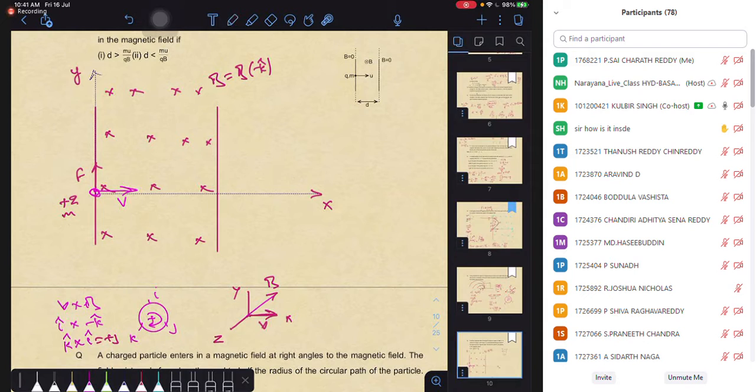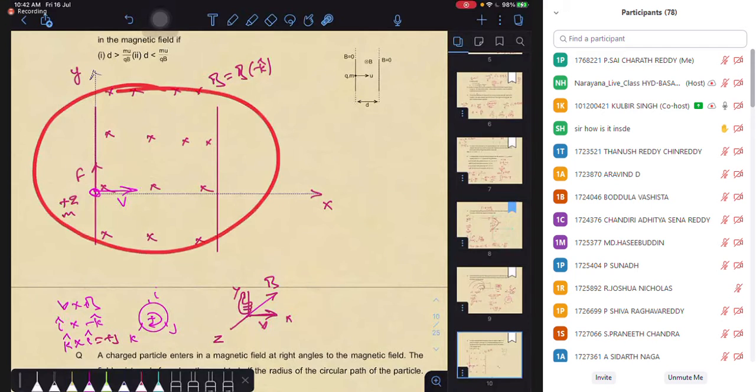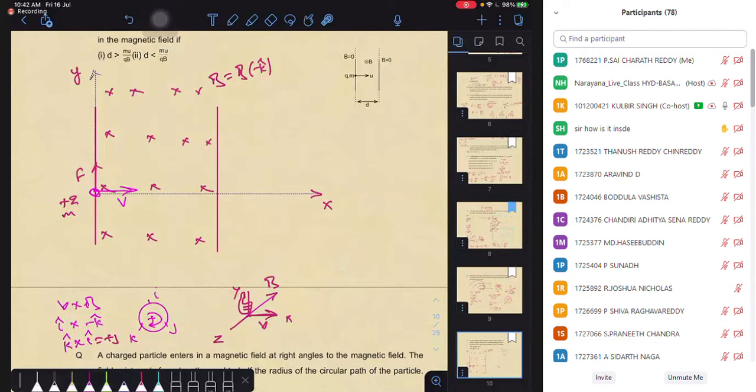So where is my force? Rotate the fingers from v to B, and you get the thumb in the direction along y. Are you getting the thumb in the y direction or not? So here in my 2D picture, y is up. So here is my force.